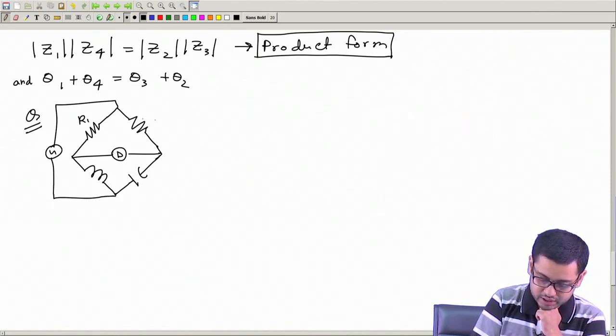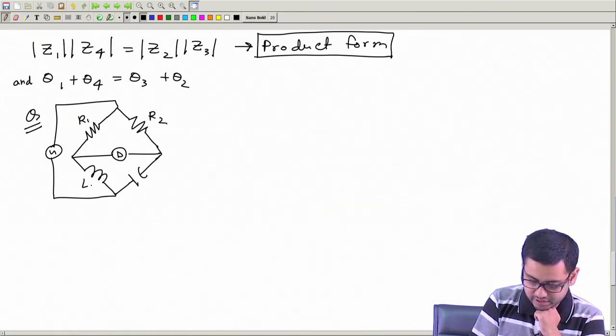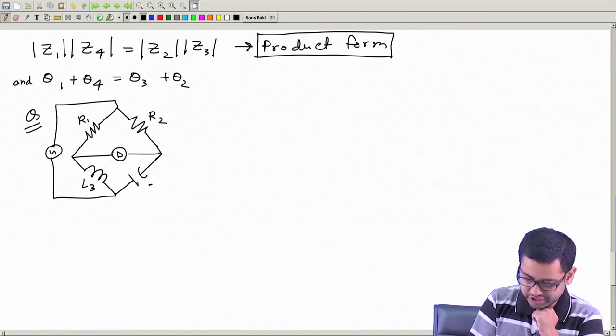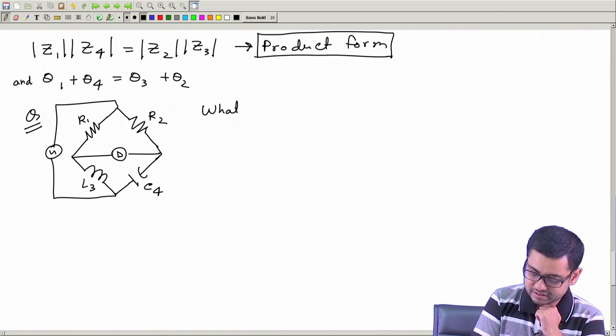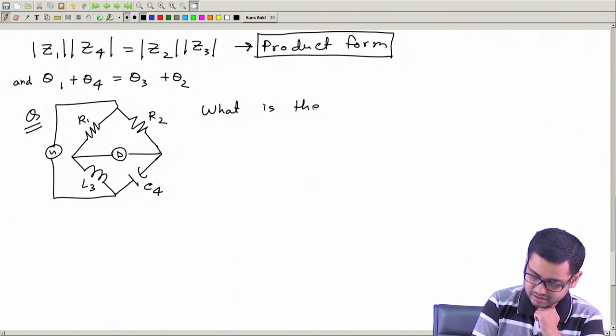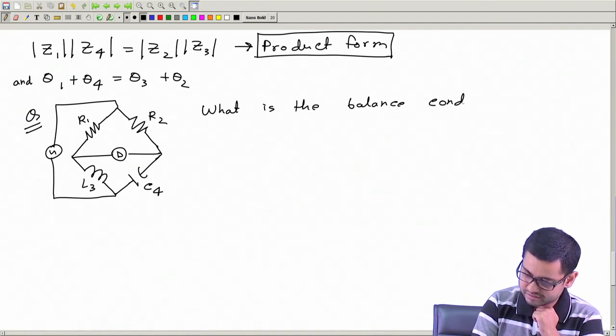Call this R1, call this R2, L3, C4. The question is, what is the balance condition for this bridge?